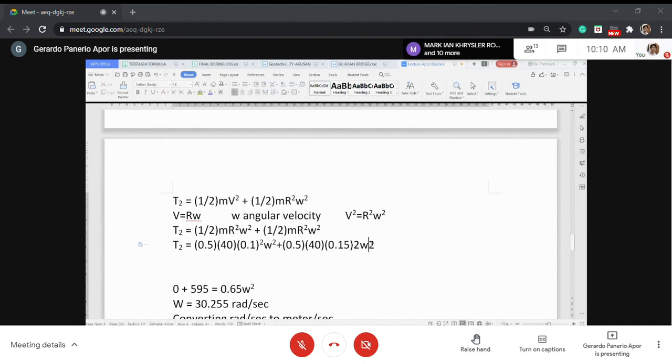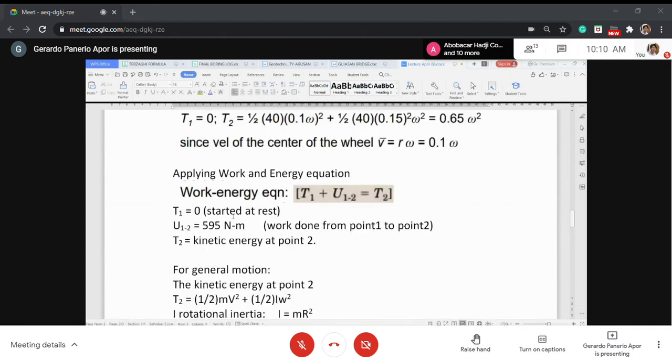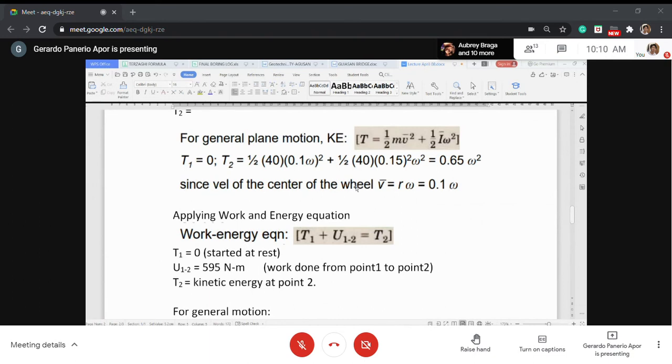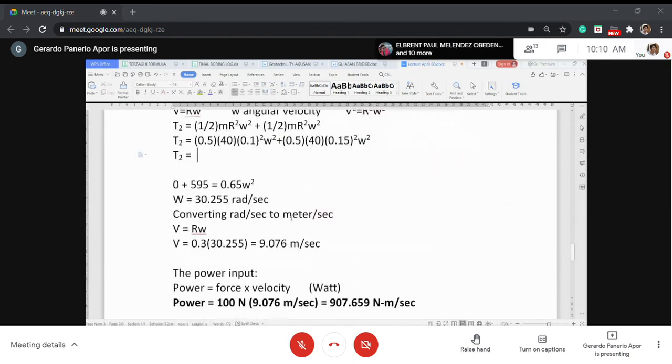So here we have T2 equal to 0.65 omega squared.